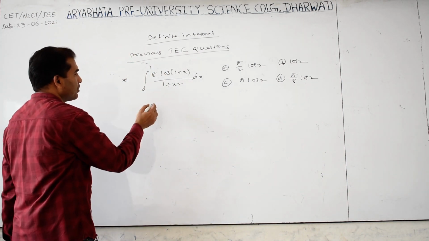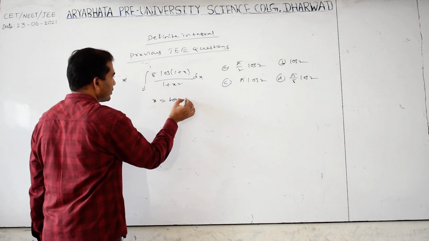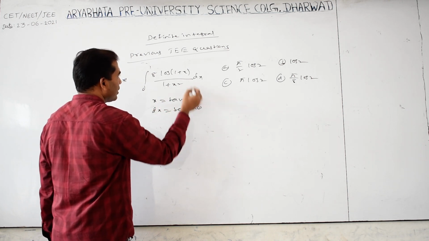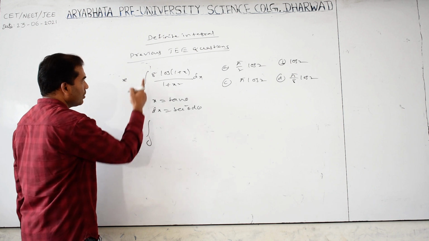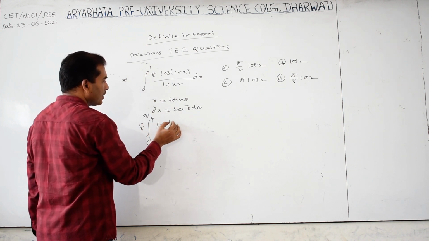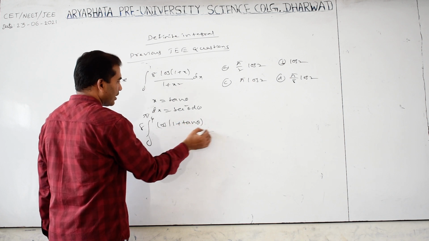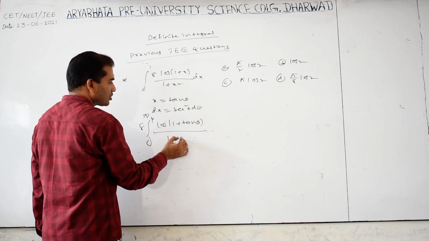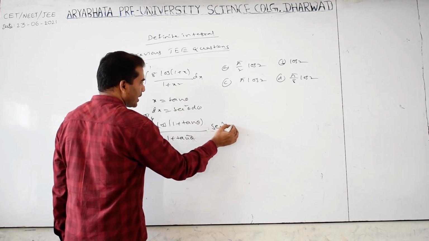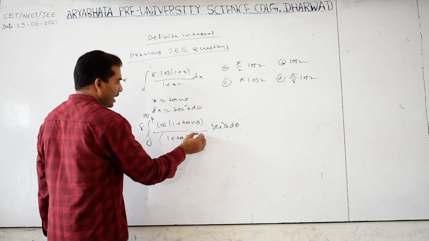It's a very easy question. Put x equal to tan theta here, then dx is equal to secant square theta d theta. So, the lower limit is 0, the upper limit is pi by 4: 8 log of 1 plus tan theta by 1 plus tan square theta, and dx equal to secant square theta d theta gets cancelled.